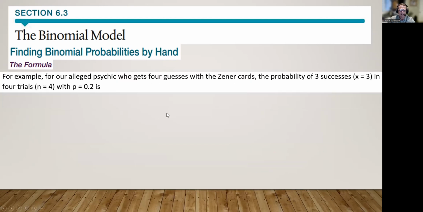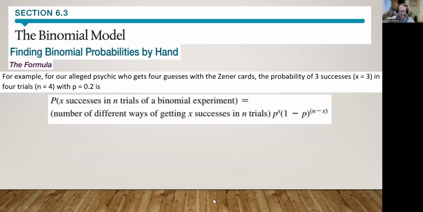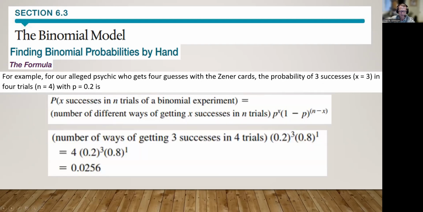So, for example, for our alleged psychic who gets 4 guesses with the Zener cards, the probability of 3 successes, X equals 3, in 4 trials, n equals 4 with P equals 0.2, is, putting everything into that formula, we saw there were 4 ways to get 3 successes in 4 trials. The P is 0.2, so we raised that to the 3rd power.